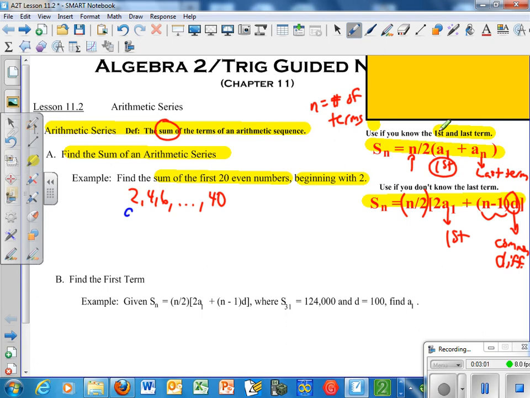So A1 is 2, and A sub n is 40. And we know n is equal to 20, because if I had the first 20 even numbers, obviously starting with 2, we'd be going up to 40. So we know A1, we know the last term, A sub n, and n equals 20.